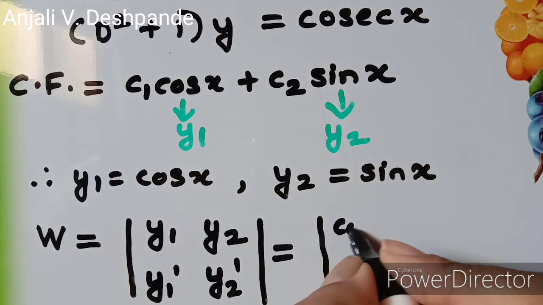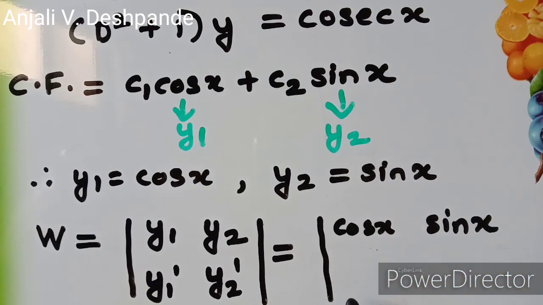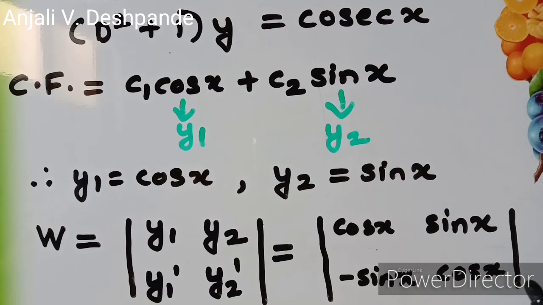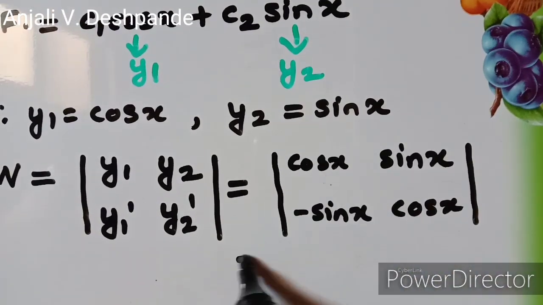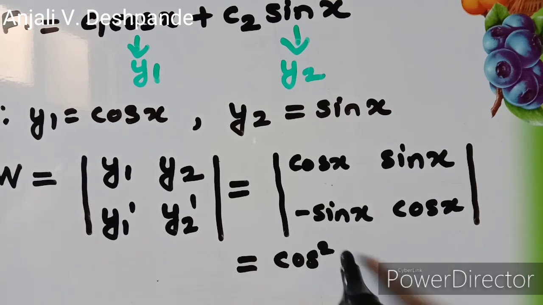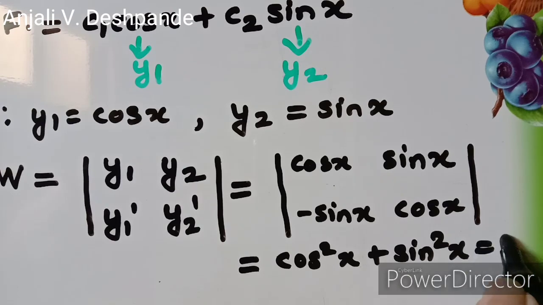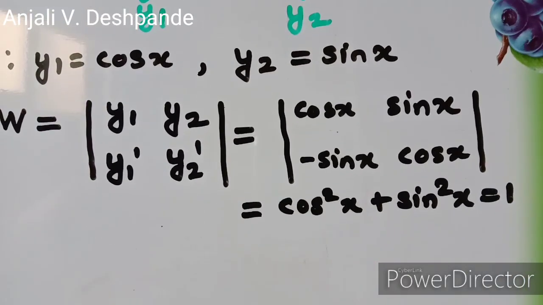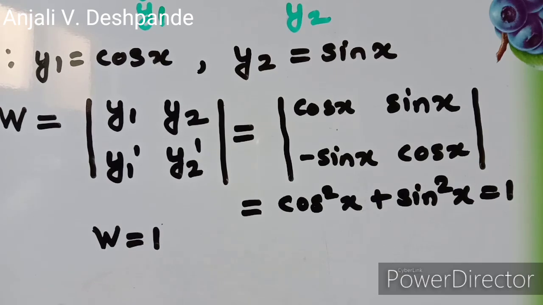So over here we will write cos x sin x, then the derivative of cos x, minus sin x, and the derivative of sin x, cos x. If we solve this determinant, this is cos square x plus sin square x, which is equal to 1. So the value of W comes out to be equal to 1.